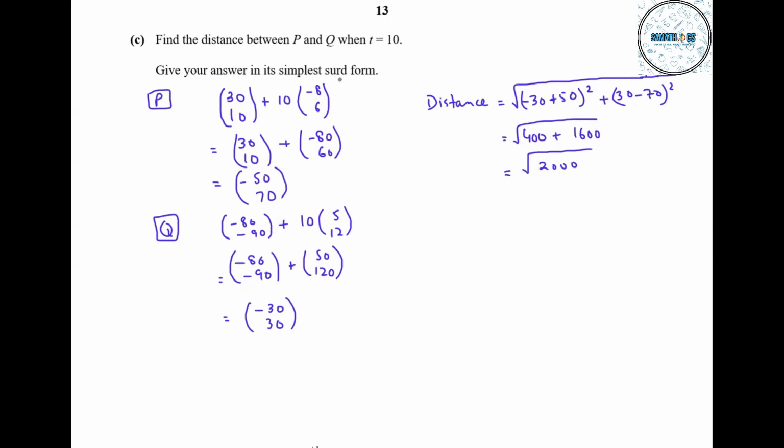They have asked to write down the answer in simplest surd form. So we can break this up into 5 into 400 and we can take out the square root of 400, which is 20. So 20 under root 5 is the distance between P and Q, where t is 10.